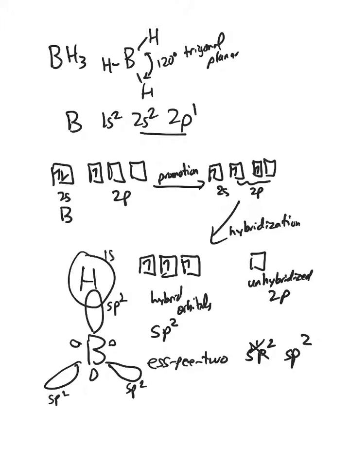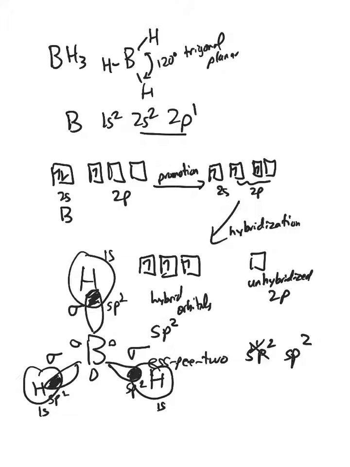There's my hydrogen with its unhybridized 1s orbital. Got me some overlap. And so now I've got 3 sigma bonds, because the bonds lie directly along the internuclear axis, hence we call them sigma.